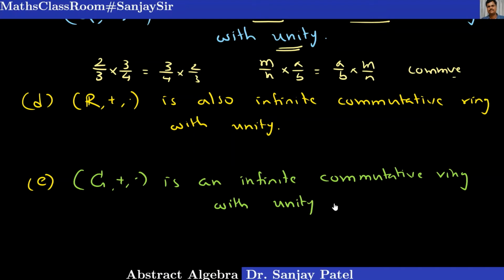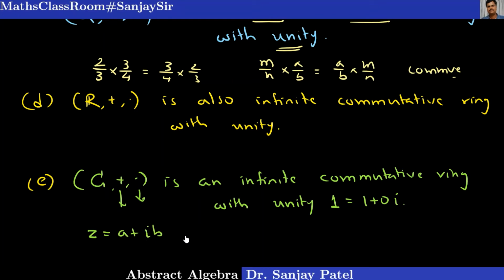What is unity element here? It is the complex number 1, which is defined as 1 plus 0i. Okay, and we know what is the definition of addition and multiplication here. It is not a simple addition, it is addition of complex numbers. So let us rewrite those definitions.